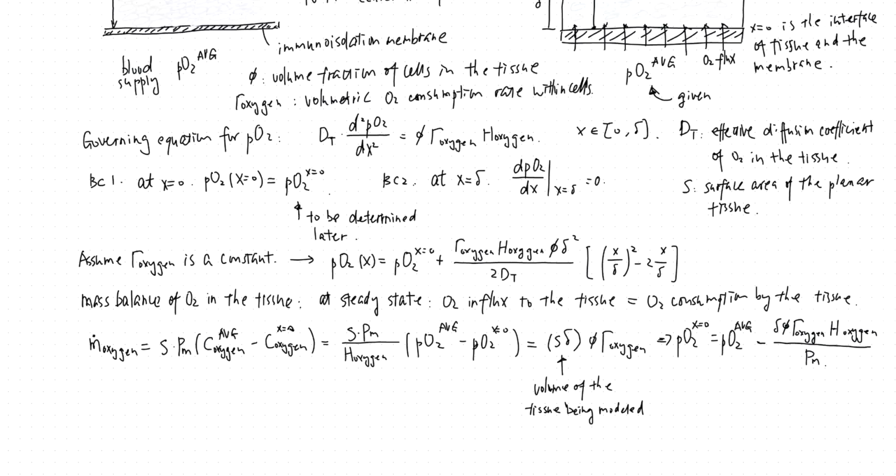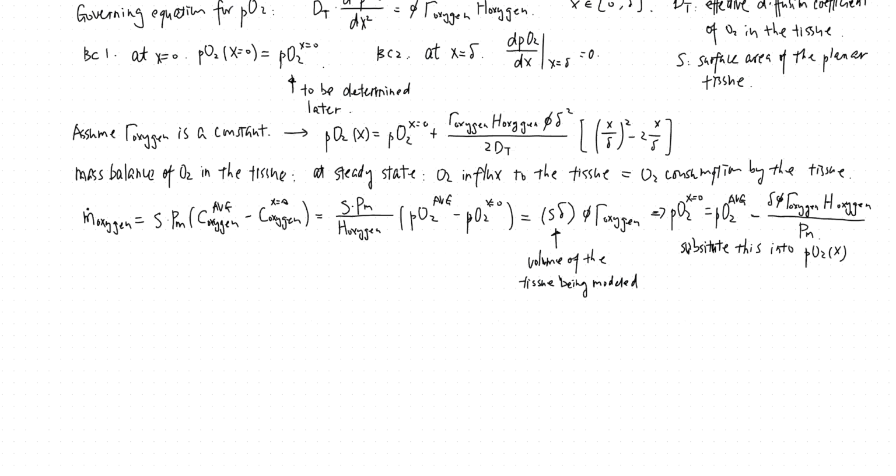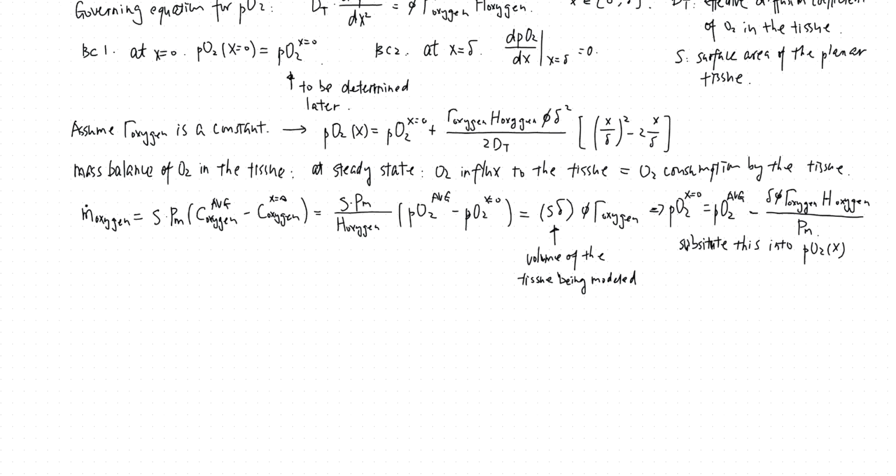Okay. So we can substitute this equation into the profile of PO2. Substitute this into the CO2 expression. And we are going to replace the placeholder PO2 at x equal to 0 by what we just got. So we will get a long equation. We go to the function of x.